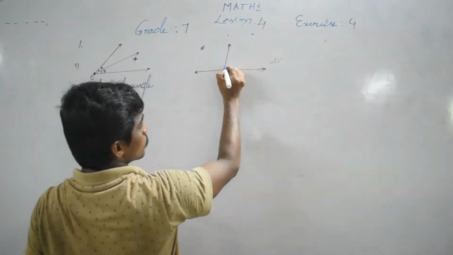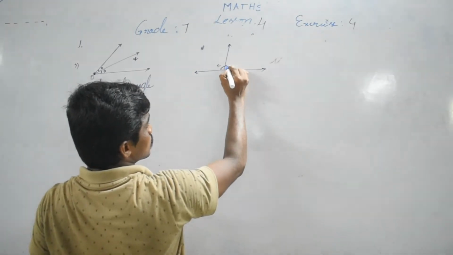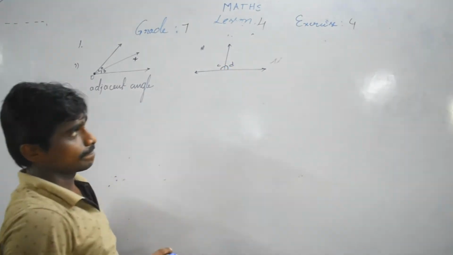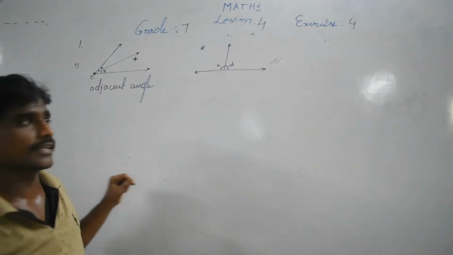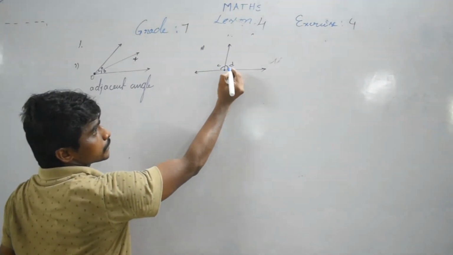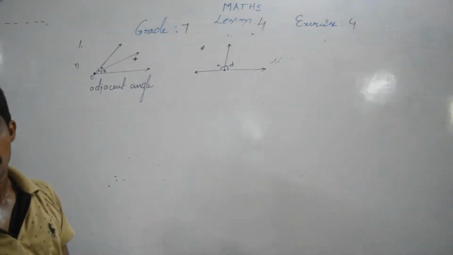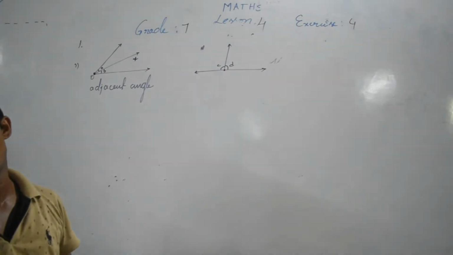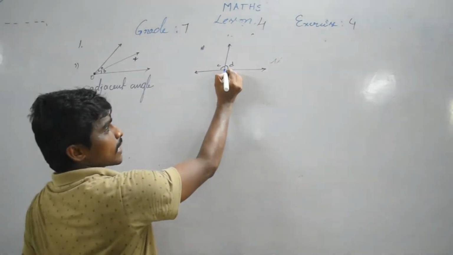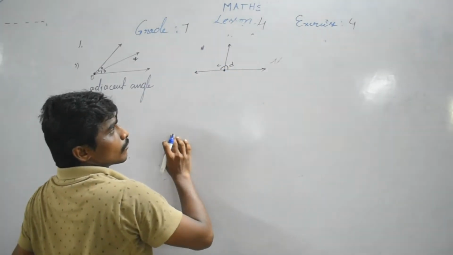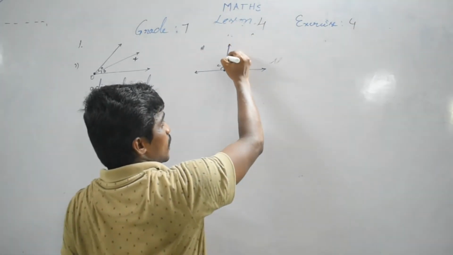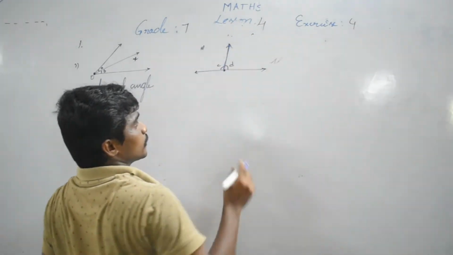Here C, here D. So is this an adjacent angle or not? See, this is a common vertex, this is a common arm.